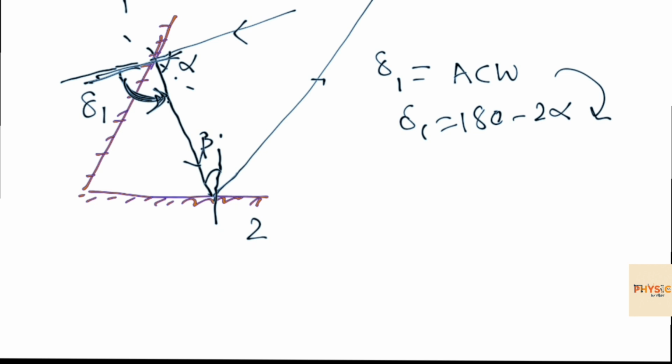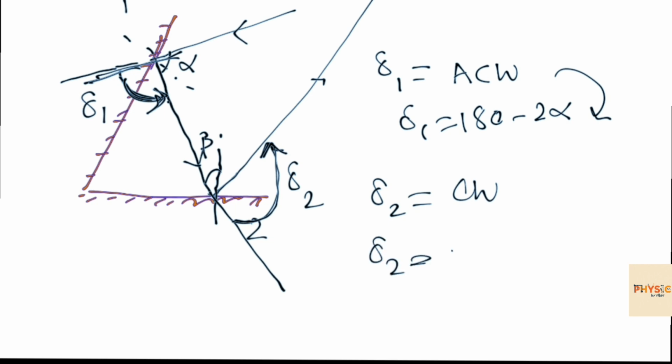The ray is incident on the second mirror and reflected, and this is the original path. From the original path to the deviated path, the angle is delta 2, and delta 2 is clockwise. So delta 2 is written as 180 minus 2 beta, where beta is the angle of incidence at the second mirror, in the clockwise direction.